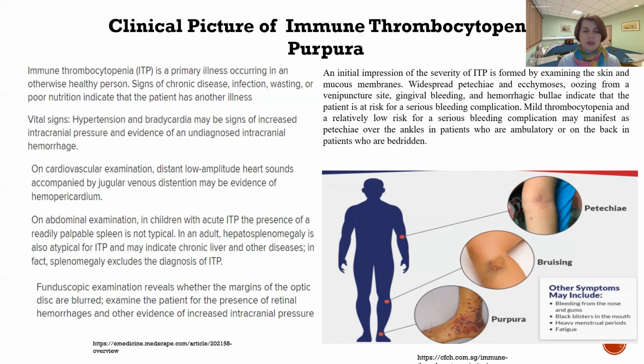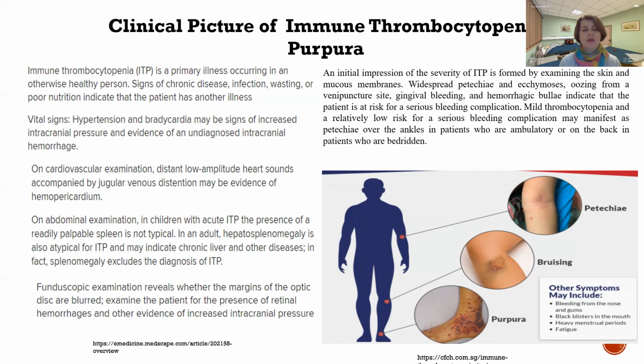On abdominal examination in children and in acute purpura, the presence of a readily palpable spleen is not typical. In adults, otherwise, hepatosplenomegaly is also atypical for the immune thrombocytopenic purpura and may indicate chronic liver disease and other diseases. In fact, splenomegaly excludes the diagnosis of immune thrombocytopenic purpura.